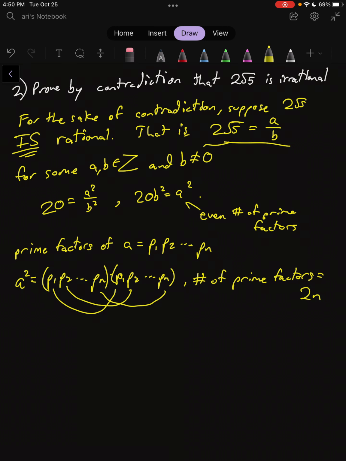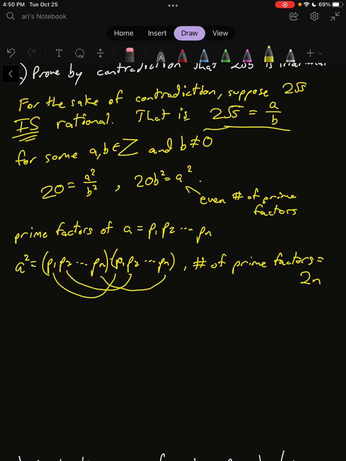So we know that a squared has an even number of prime factors, and I'm not going to write it all out, but for b squared, we can make the same argument. When you do write out this proof, just make sure that you don't use p, use q or something, and don't go up to n, go up to like t. So set b equal to q1, q2, qt. It's just good practice to use different variables, and it's even better practice if you specify that q is prime.